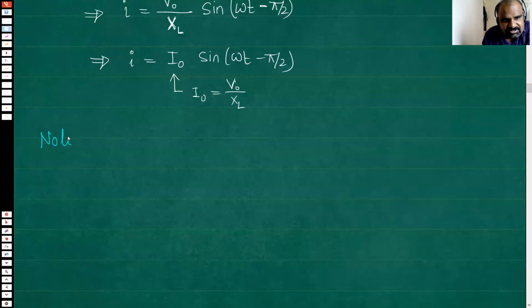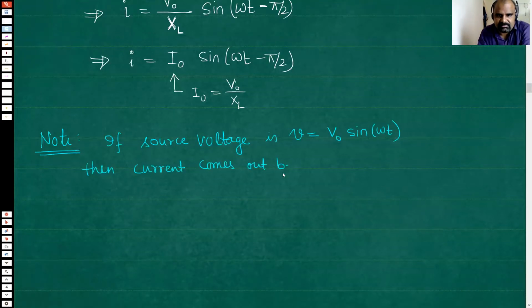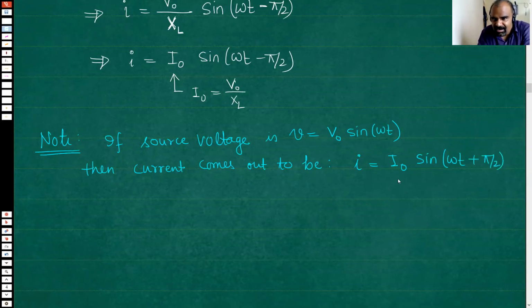First thing to note is that if the source voltage is V equal to V naught sine omega t, then current comes out to be I equal to I naught sine omega t plus pi by 2, where I naught is V naught by XL.